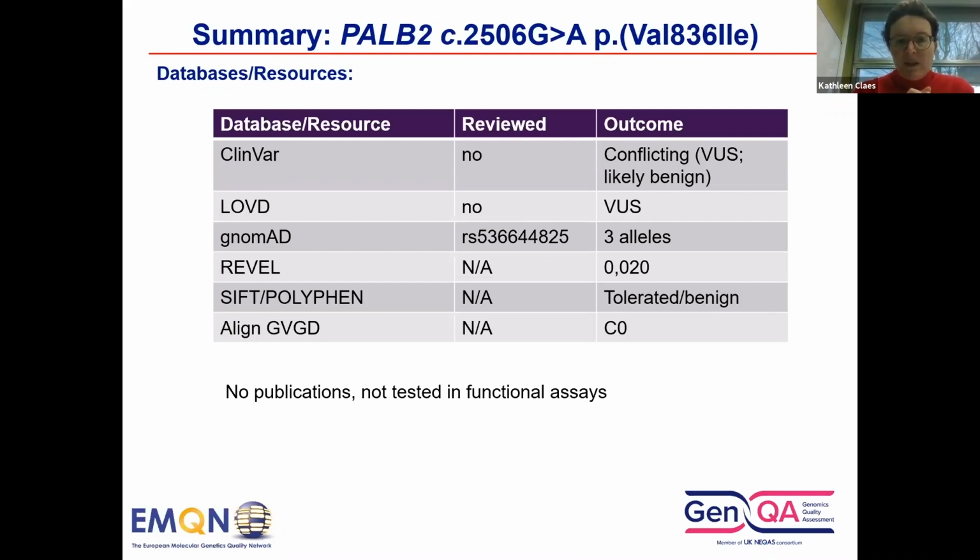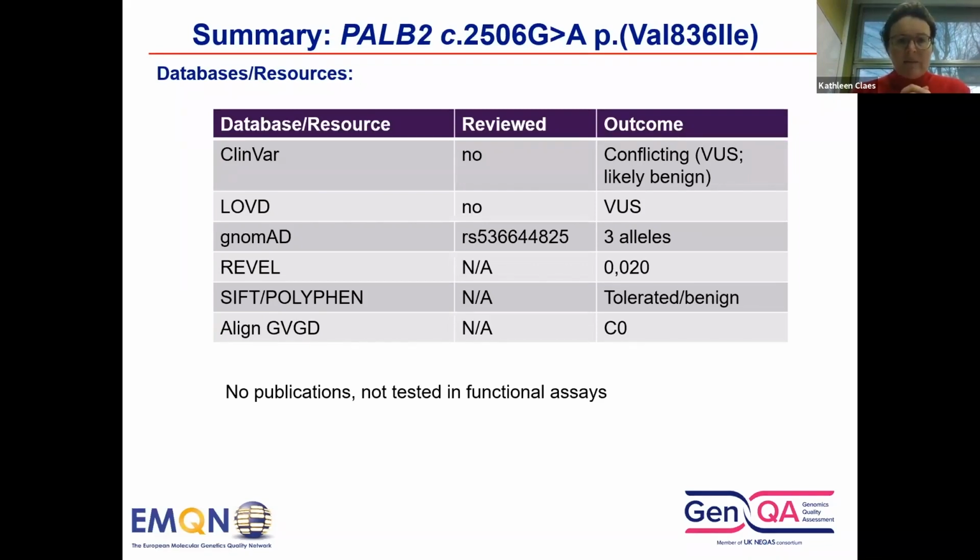The in silico prediction programs all point towards benign or tolerated variants. I did not find any publications on the variant, or functional assays published for this particular variant. For PALB2, the literature is more limited than for BRCA1 and 2 anyway.